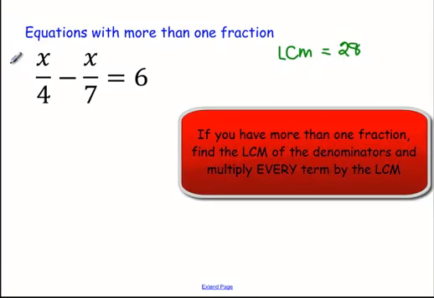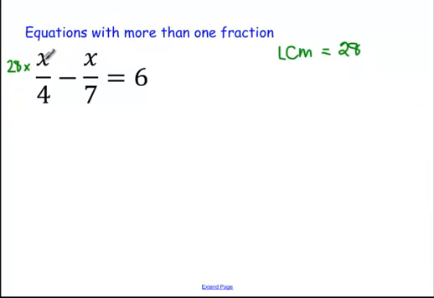Okay, so we're going to multiply this first term by 28. So we're going to do 28 times x over 4. And then we're going to multiply this term as well by 28. So 28 times x over 7. And then we're going to multiply this by 28 as well. So everything gets multiplied by 28.